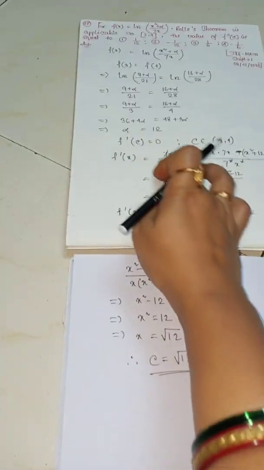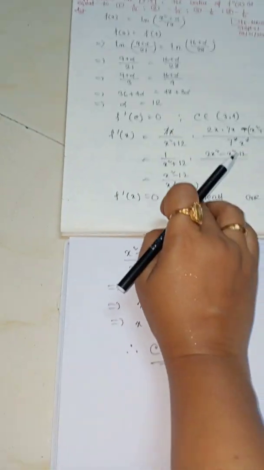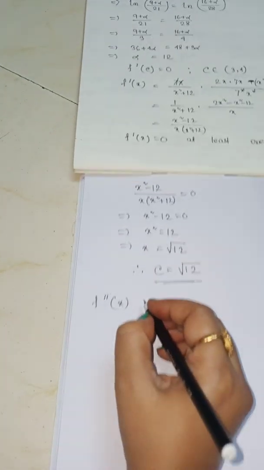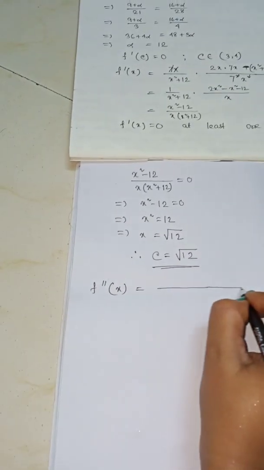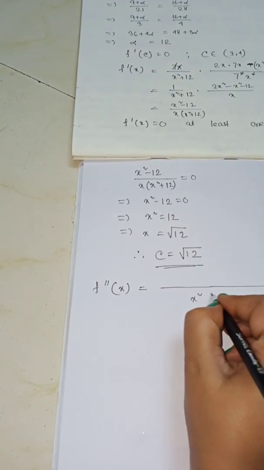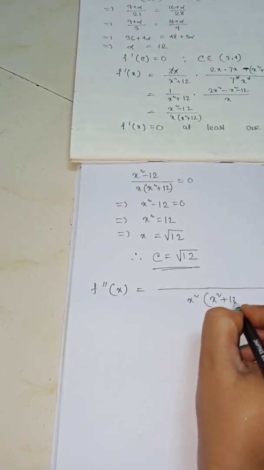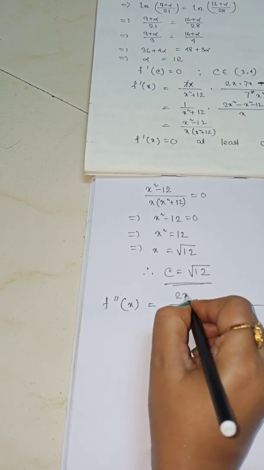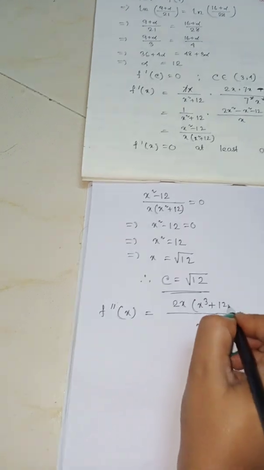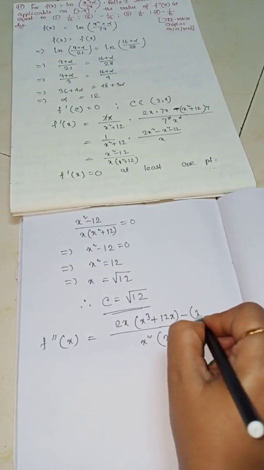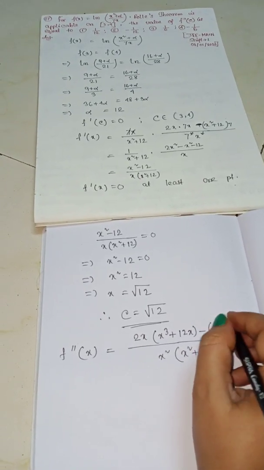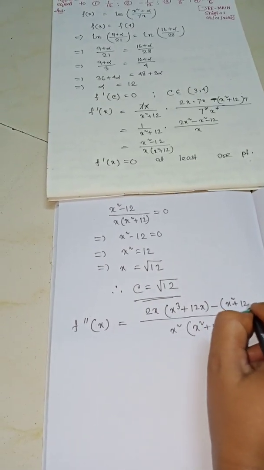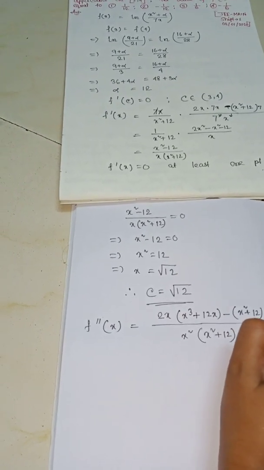So differentiating one more time, f'(x) becomes f''(x). Differentiating the quotient, we square the denominator, x²(x² + 12)², and the numerator becomes the derivative of the numerator times the denominator minus the numerator times the derivative of the denominator, which involves 3x² + 12.